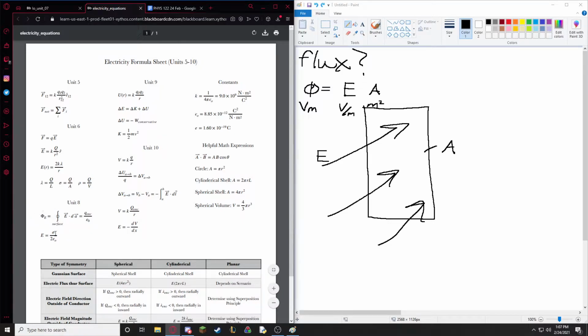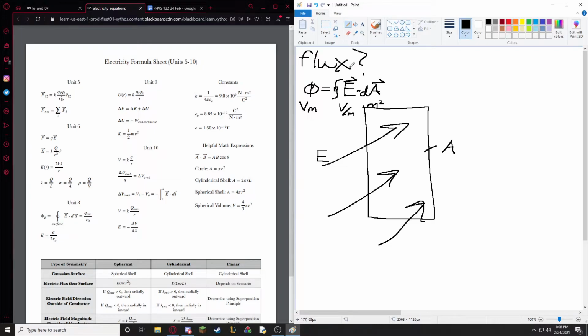But we have our electric flux is equal to the surface integral of E with the dot product of dA.